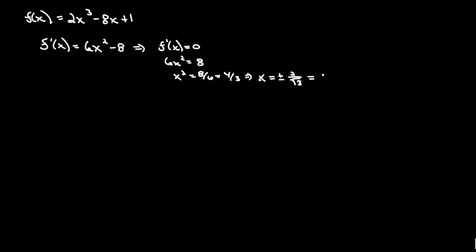Or, most people like to write this as 2 square roots of 3 over 3. Okay? Now, that gives us two possible critical values. So that tells us that it's possible when x is 2 divided by the square root of 3 and when x is negative 2 divided by the square root of 3, we have critical points.